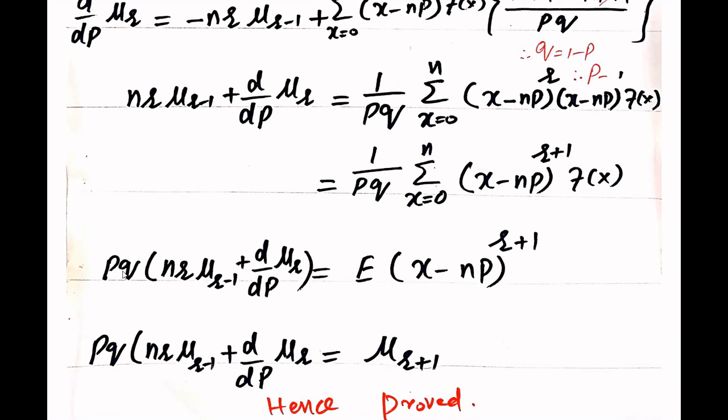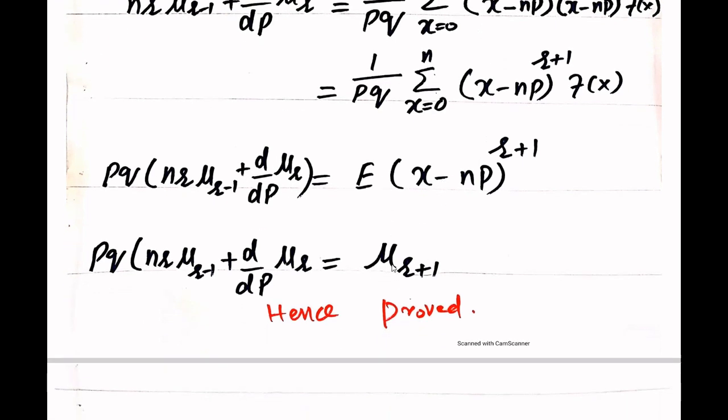By cross multiplication, pq goes to the right side: pq into nr mu r minus 1 plus d over dp mu r. So it is equal to mu r plus 1.